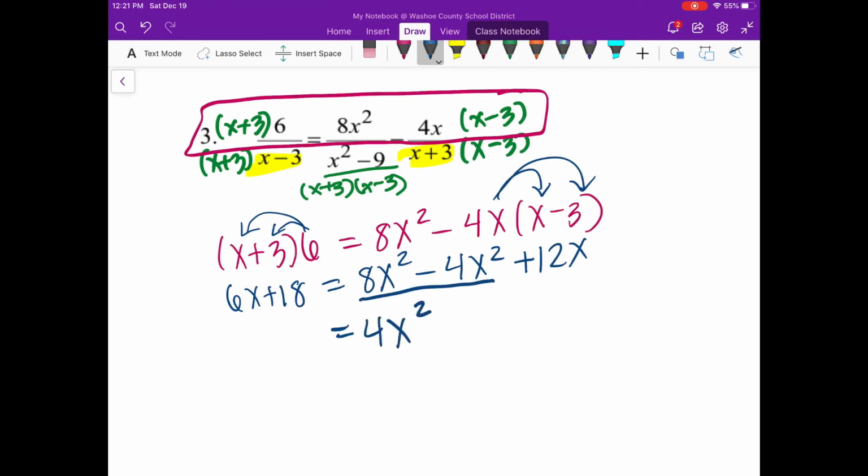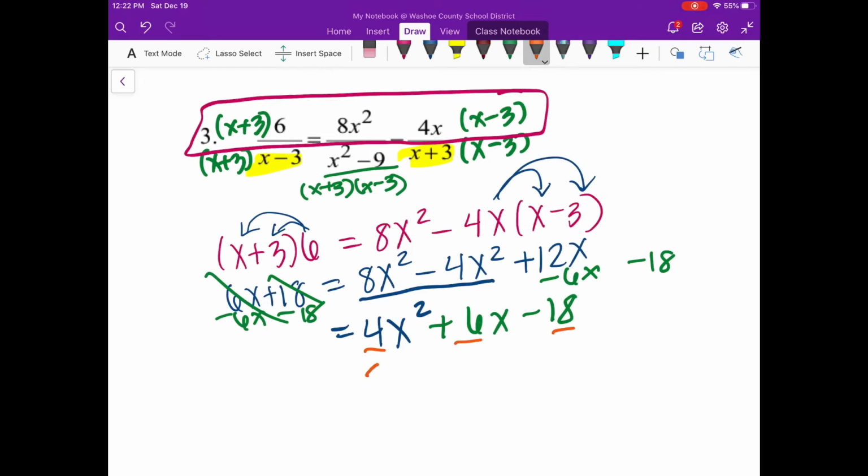Combine like terms. So this turns into 4x squared. Okay. I can also start moving things around. So I'm going to subtract the 6x. And I'm also going to move the 18. Okay, so I'm just kind of saving some steps here. Plus 6x minus 18, we get there.